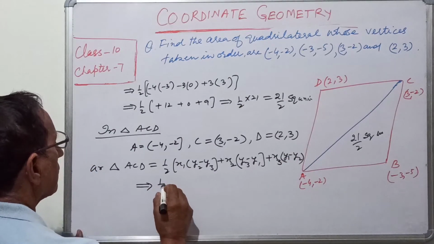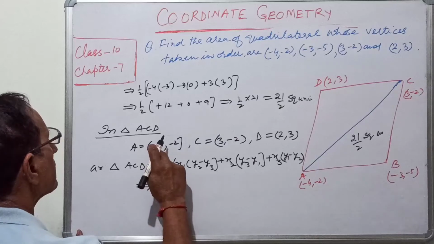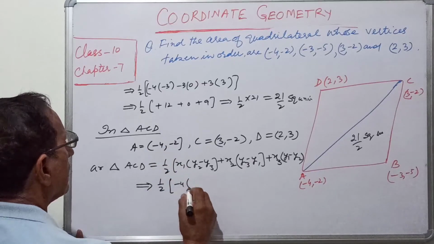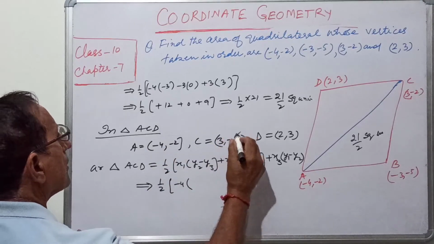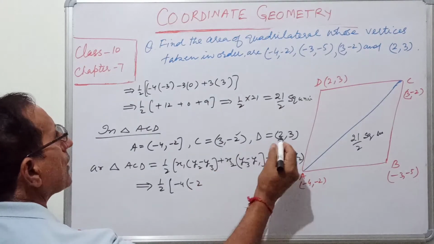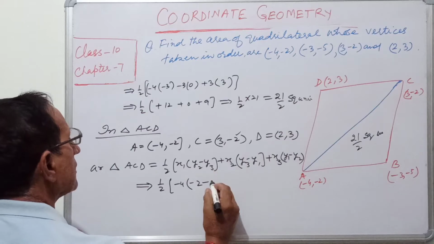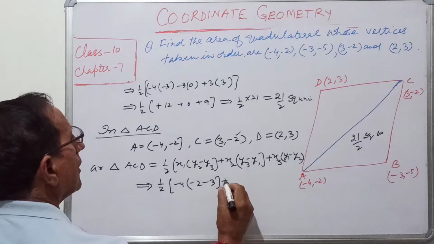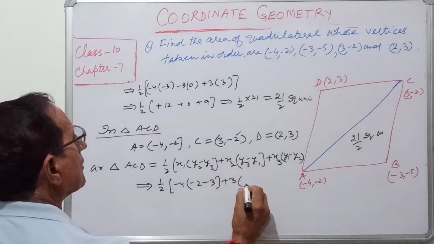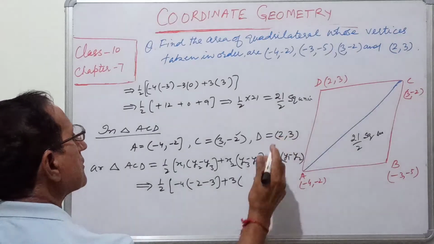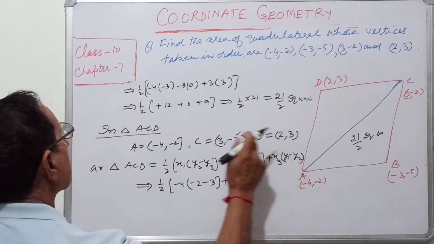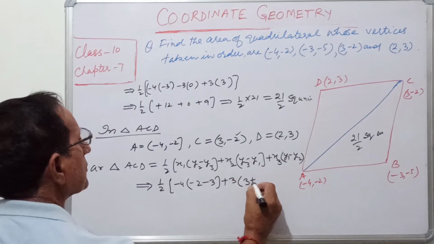Substituting the values, 1 upon 2, x1 is minus 4, y2 is minus 2, and y3 is 3, x2 is 3, y3 again 3 plus 2.